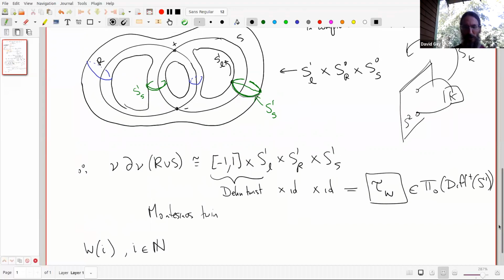You can think of the two intersection points as being the north and south pole of both spheres. So you go one arc from north to south pole of one sphere and then back up to the other sphere, and then you push that off into the boundary of the neighborhood.